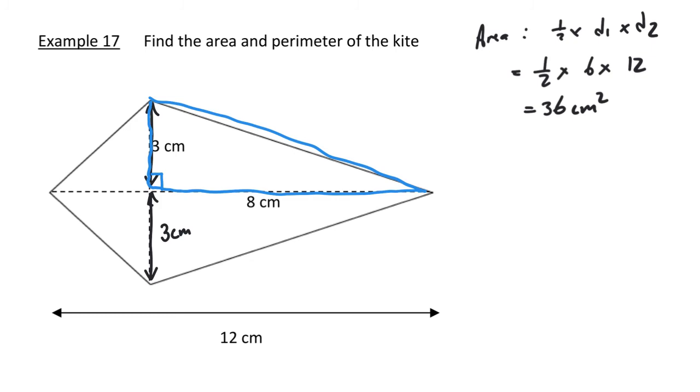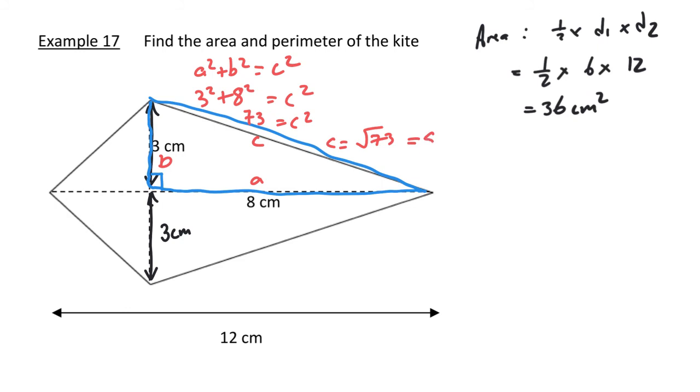So if we were to label the sides a, b and the hypotenuse is c, then by using Pythagoras' theorem, a squared plus b squared equals c squared, we've got 3 squared plus 8 squared equals c squared. That's 9 plus 64, so 73 equals c squared. So c is the square root of 73, which is 8.544.